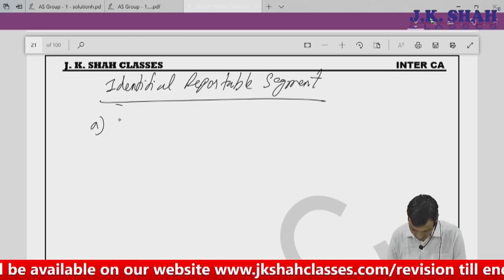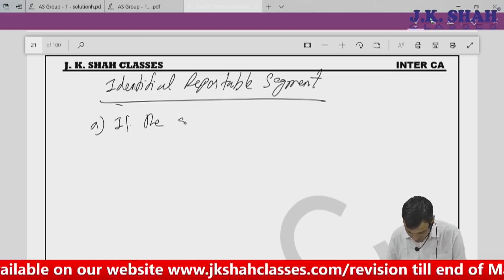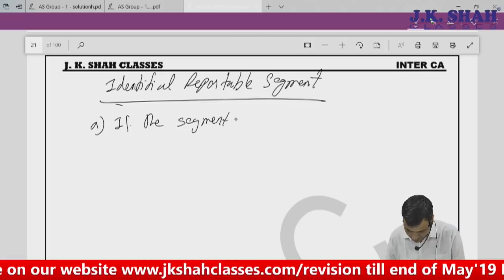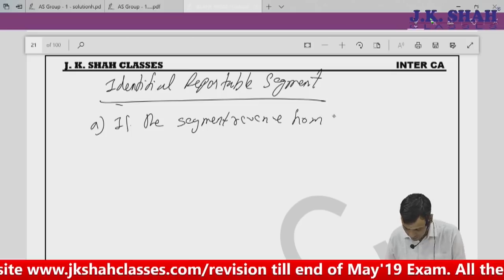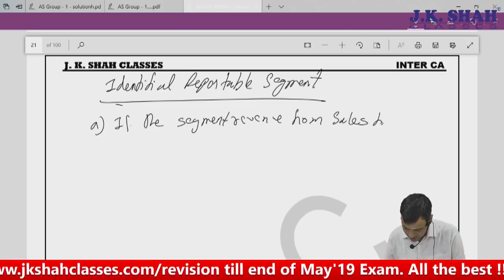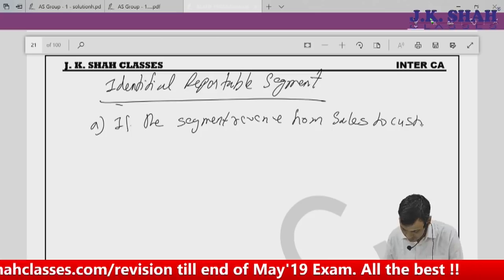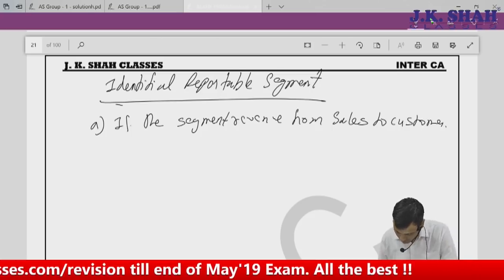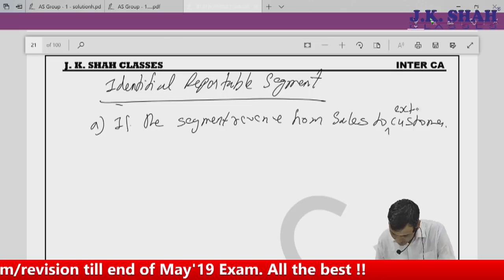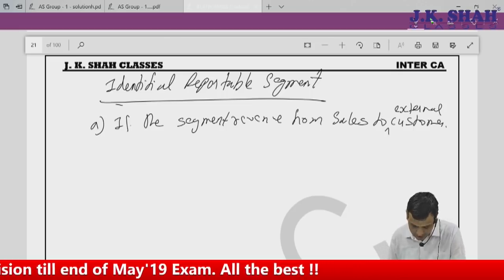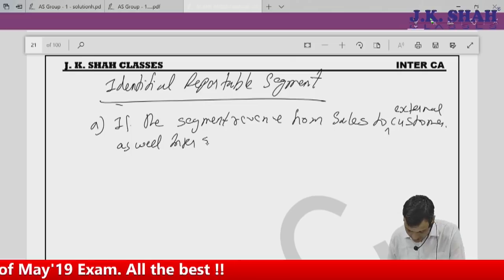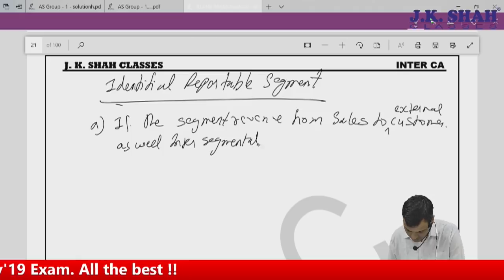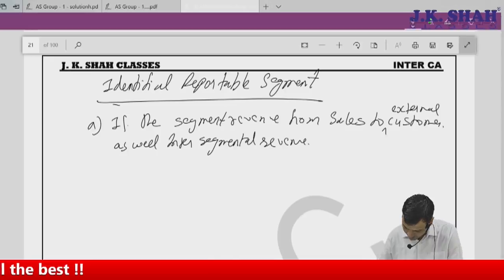Now, the first: if the segment revenue from sales to external customers as well as intersegmental revenue.